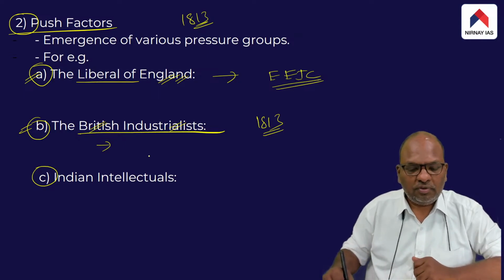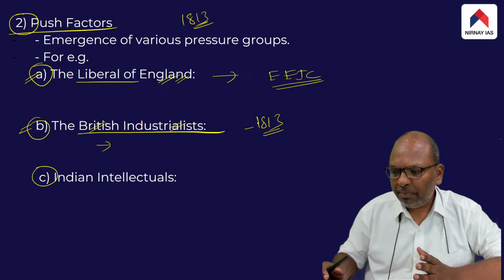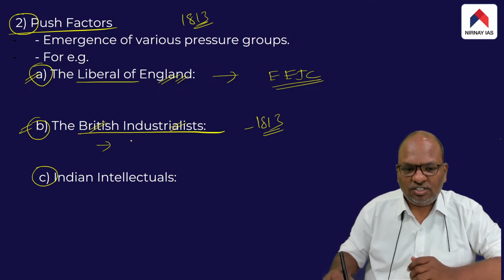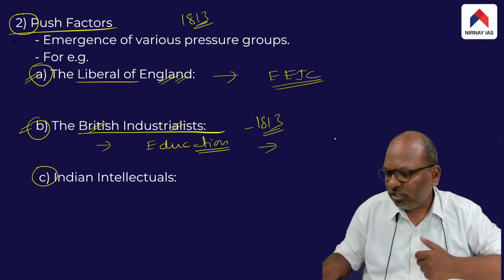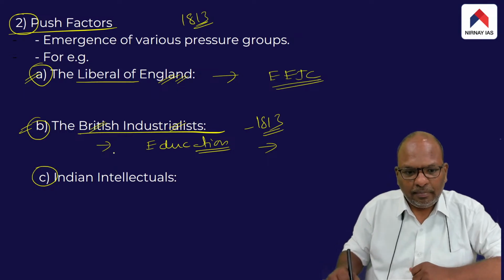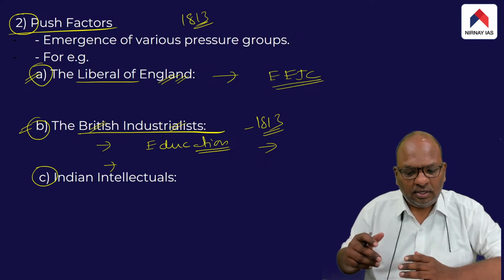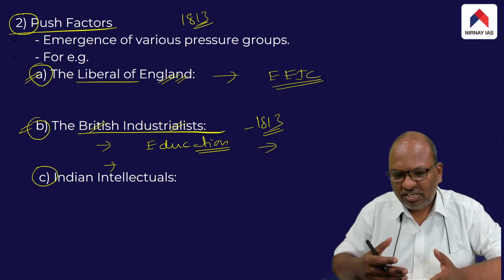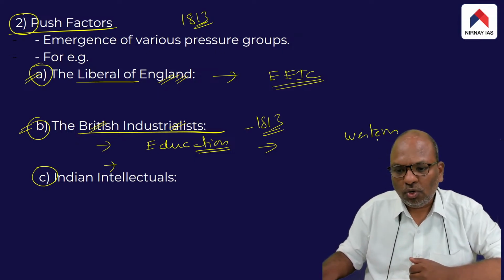What was the argument of the British industrialists? They began to argue that through education, the English culture can be spread in India, and with the spread of Western culture in India, the demand for Western goods would also go up.